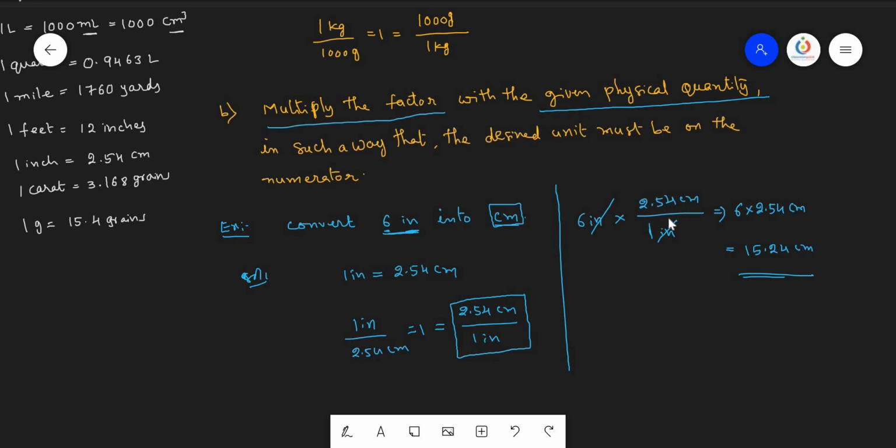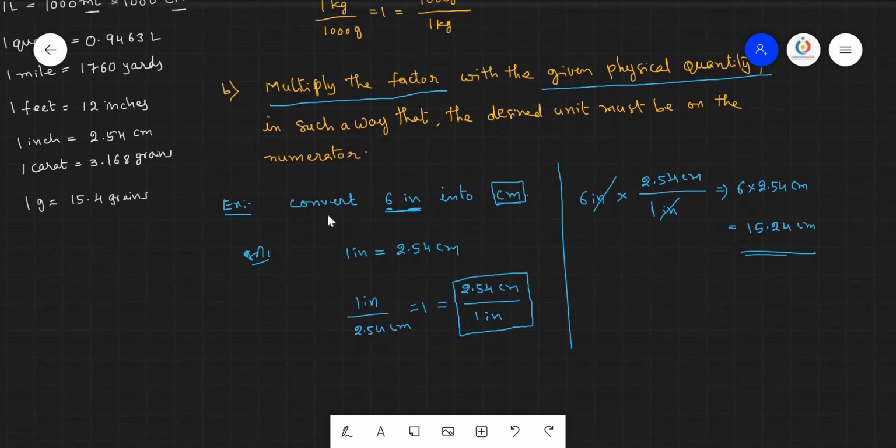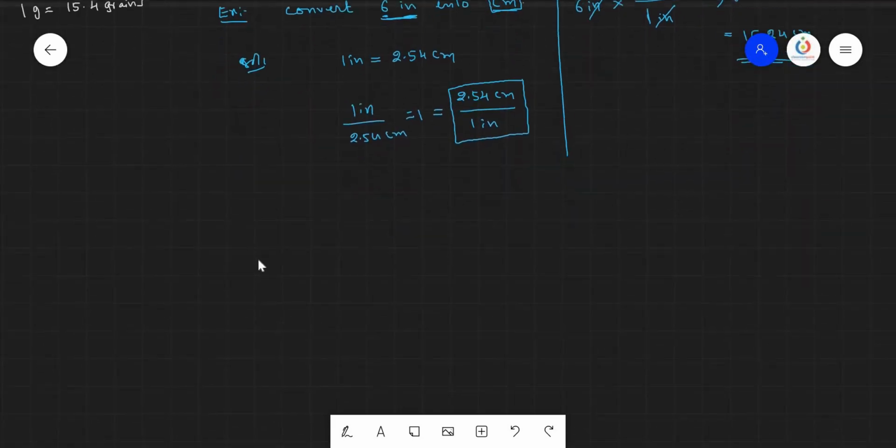Here we want centimeters, so the numerator is in centimeters, so the answer will also be in centimeters. This is a simple calculation because only one conversion is involved, so people can easily solve such questions. But if multiple conversions are there, then this dimensional analysis concept works out perfectly.